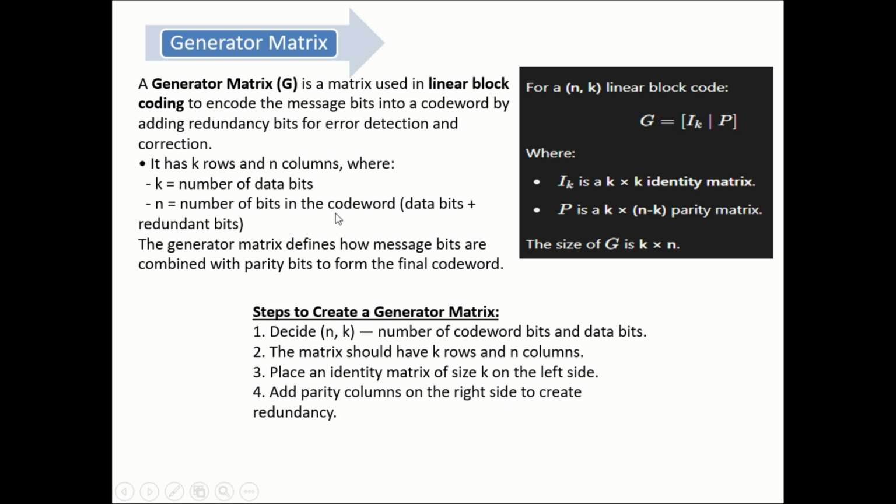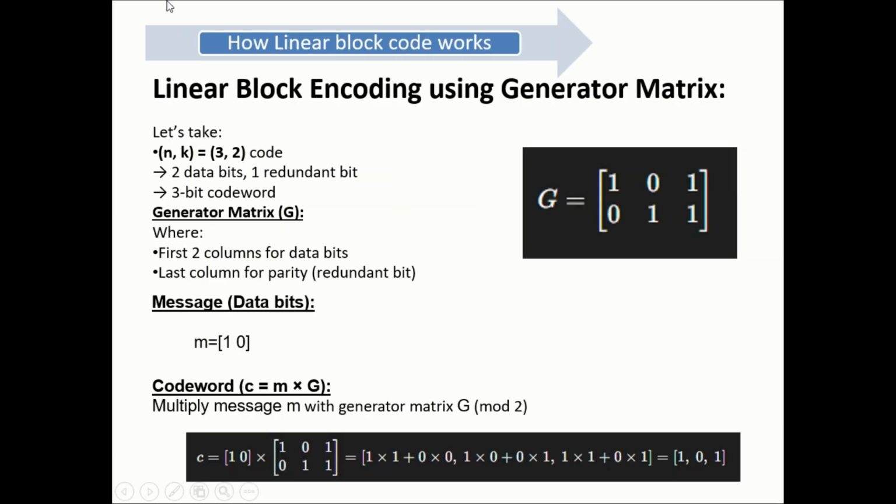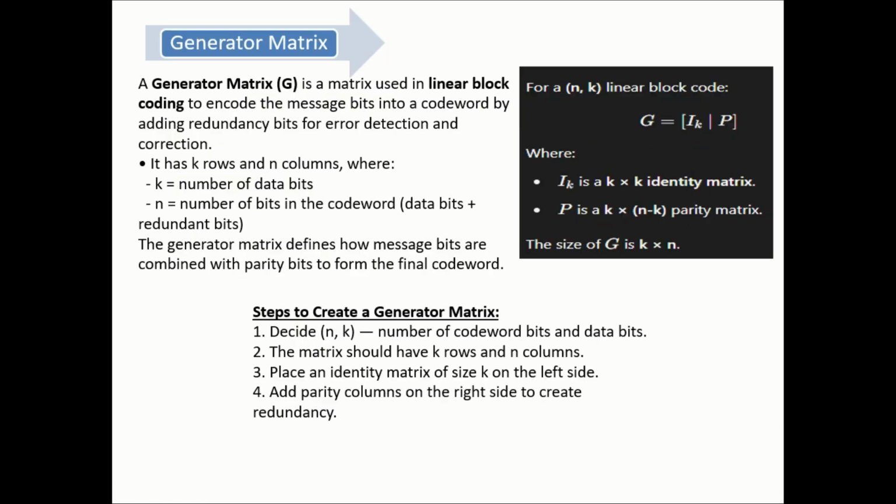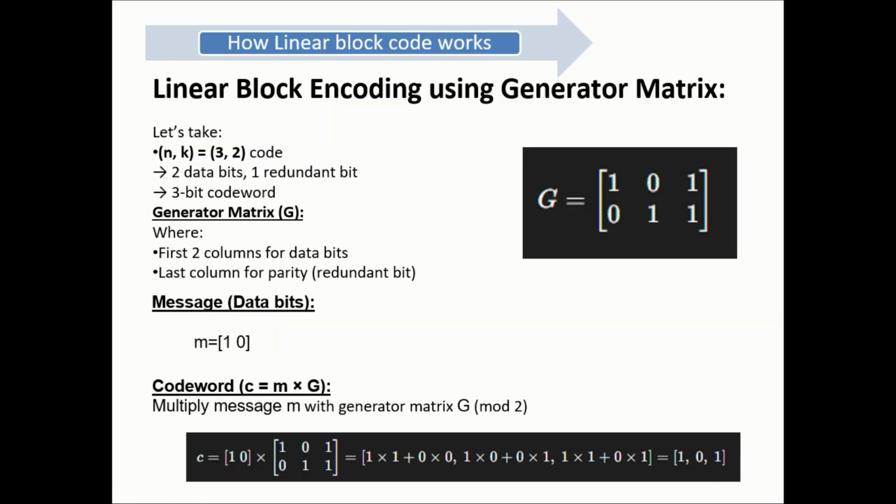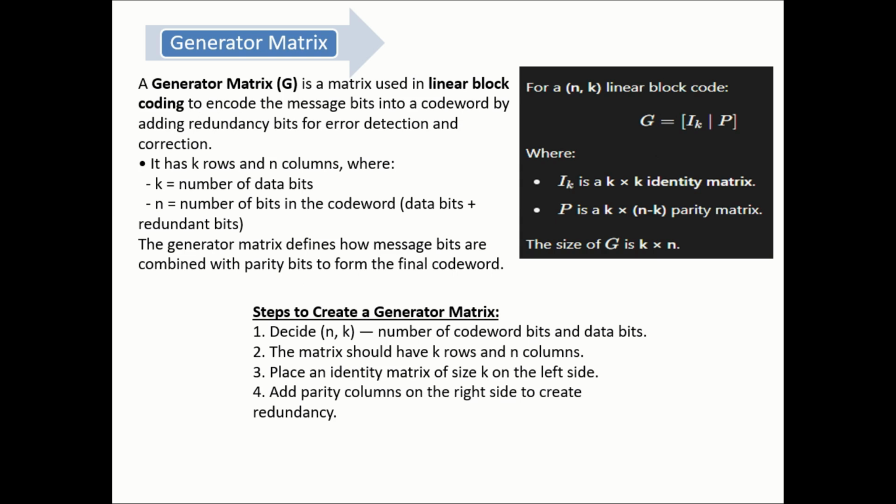What is written inside the bracket? 3 comma 2. Basically 3 is the code word length and also the number of columns. Next, k equal to 2. So 2 is the number of rows and also the number of data bits, or message bits.